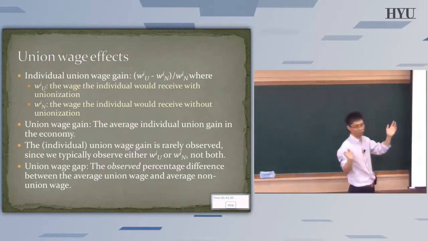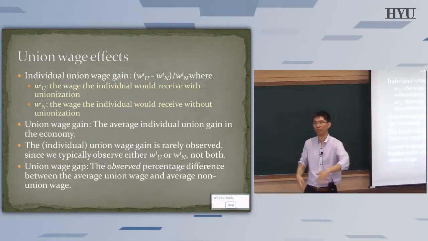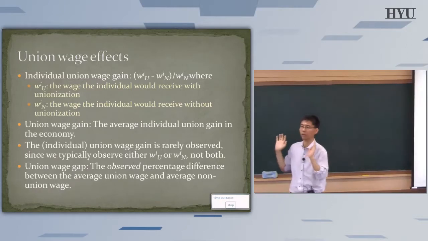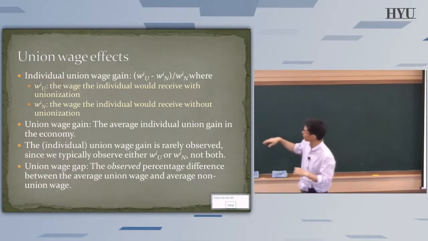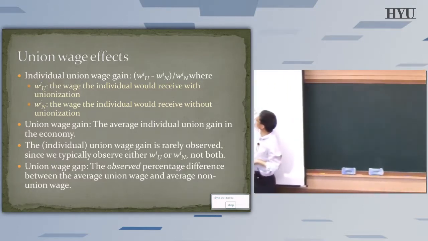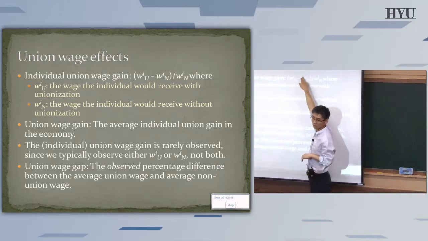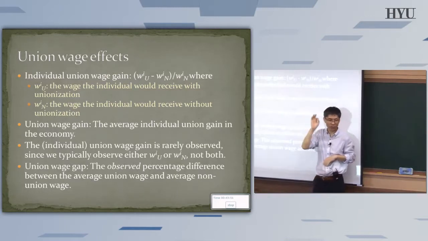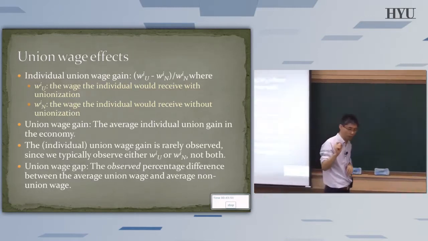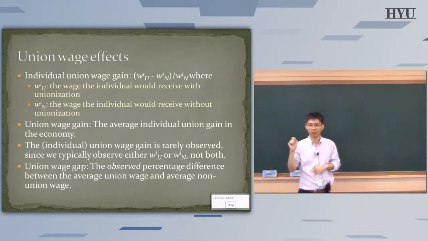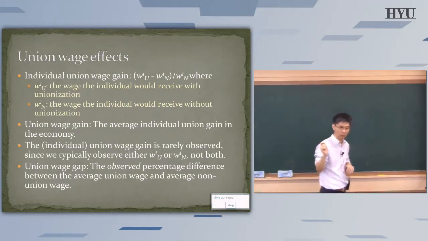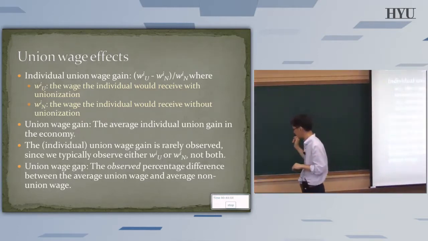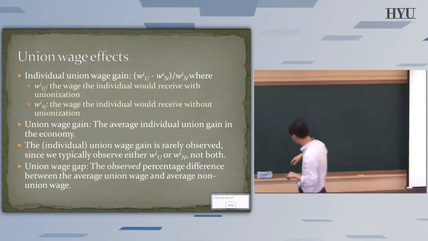We can get the average wage of union members, and we can get the average wage of non-union members. Then we just use union members' wage minus non-union members' wage, divided by non-union members' wage. That is what we call the union wage gap. That's what we can see. Union wage gain is what we cannot see. Get it? That's the difference.